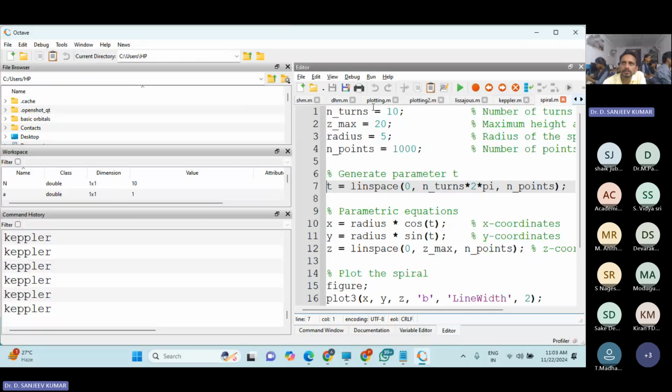So n underscore turns is 10. Z underscore max is 20. Radius is 5. So open a new file and save it as spiral.m.